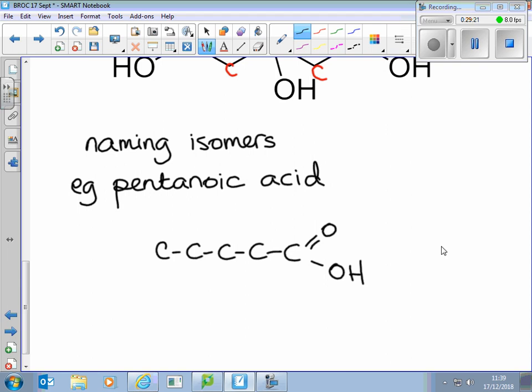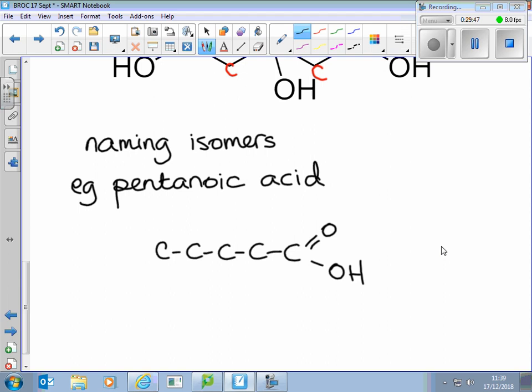I'm not going to draw in all the hydrogens, we just make the assumption that they're there. What would we actually call that one? This is where you've got to think, we want to say that the carboxylic group is on the first carbon. So somewhere we need a number 1 in there.